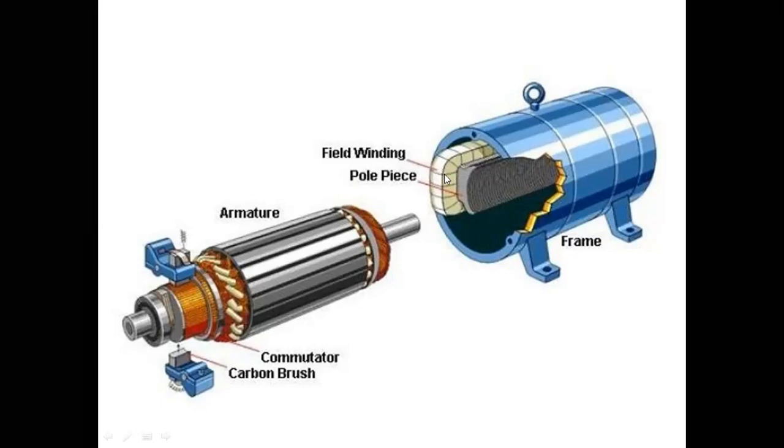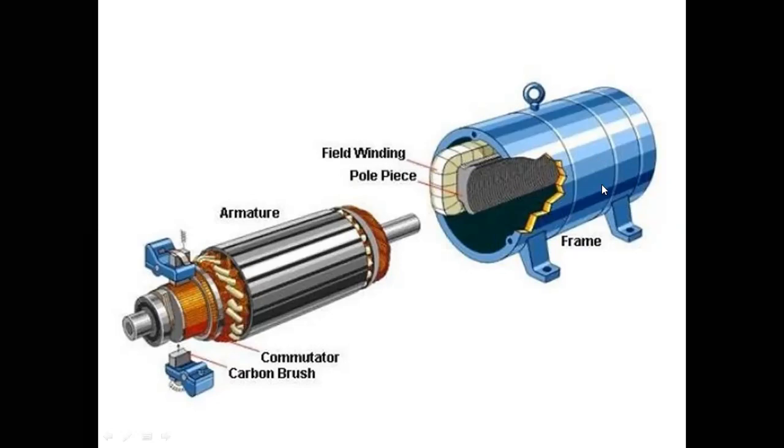So here we are saying at the frame we are connecting the yoke. मतलब ये जो होता है actually frame and yoke both are working as the same. But here if you see, yoke we can make by using iron. So it will give protection to the assembly of the remaining circuit, to the armature, to the commutator, to these brushes, poles.